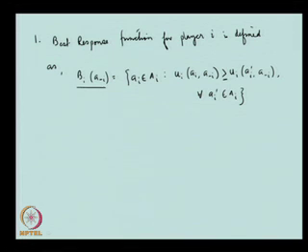Now, this is a function of A naught i. A naught i is the vector of actions of other players. So, the best response function of a particular player is defined over the list of actions of other players, A naught i, and it is a set valued function.